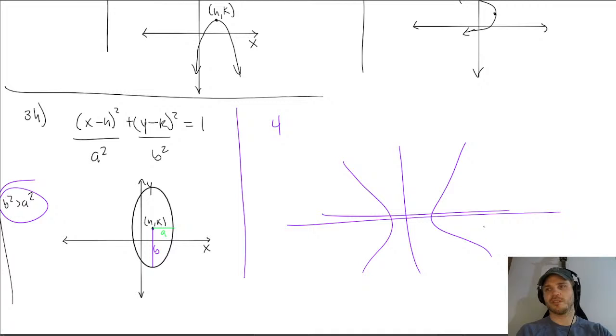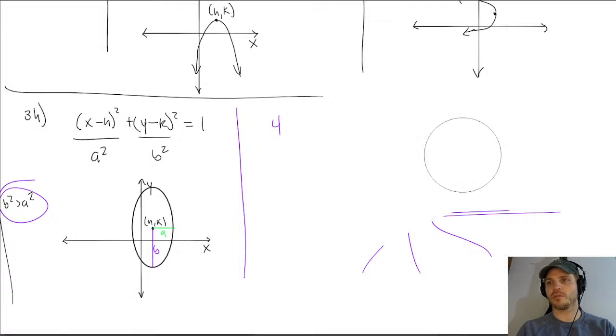Which one it is is determined by which term is positive in the sum of those squares. So if the x minus h squared is positive, then that's your transverse axis. If the y minus k squared is positive, that's your transverse axis.